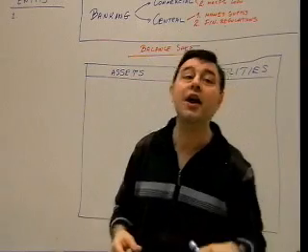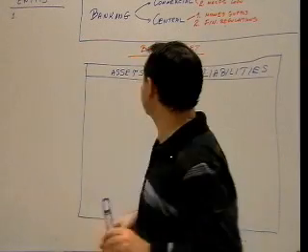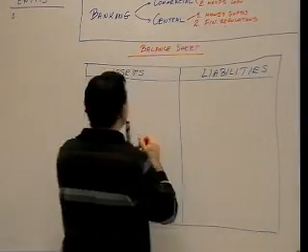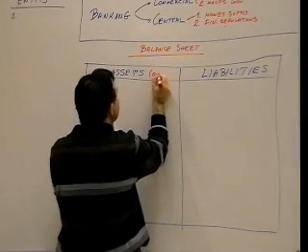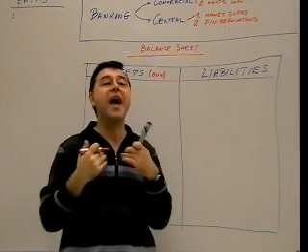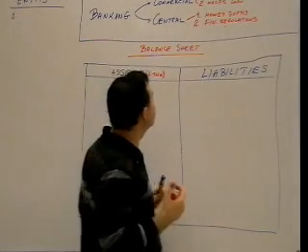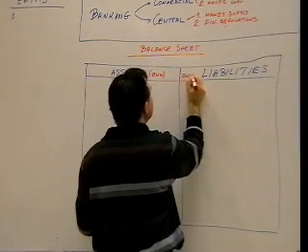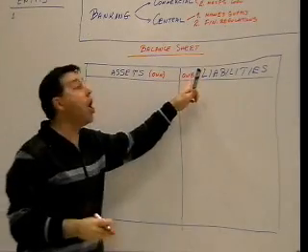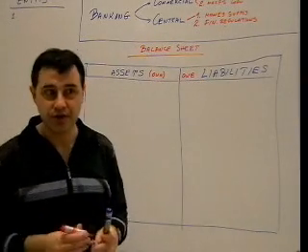All of these are intangible assets. So, an asset is associated with something that we own, something that we have. A liability is associated with something that we owe to others.